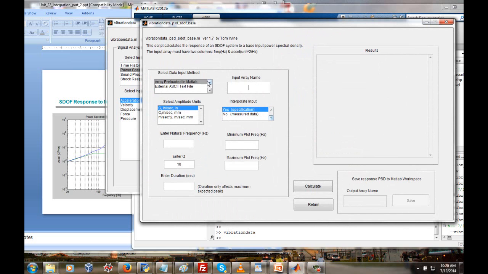Just as a review, this script calculates the response of a single degree of freedom system to a base input power spectral density. The input array must have 2 columns, frequency in Hertz and acceleration in units squared per Hertz.